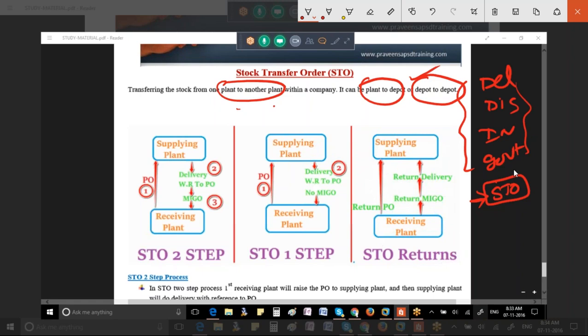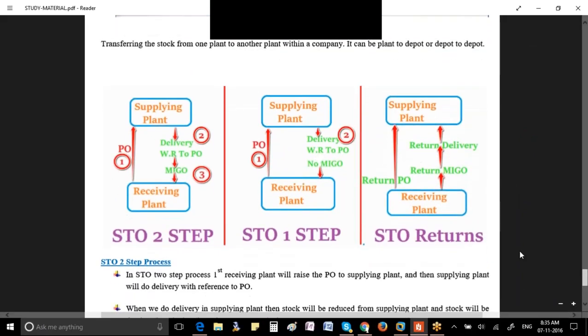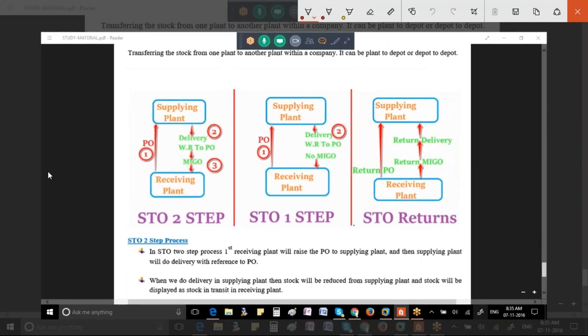There is no customer in the STO process, no end customer in the STO process. Okay, so let's see the process, how it goes. In the STO process, the receiving plant itself is a customer.